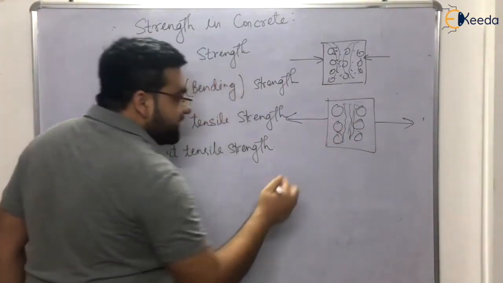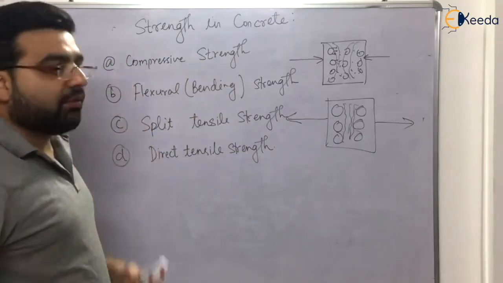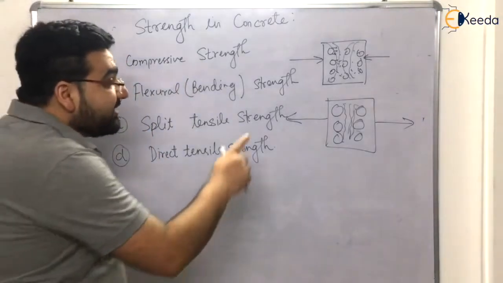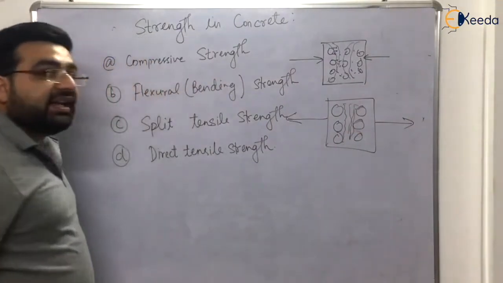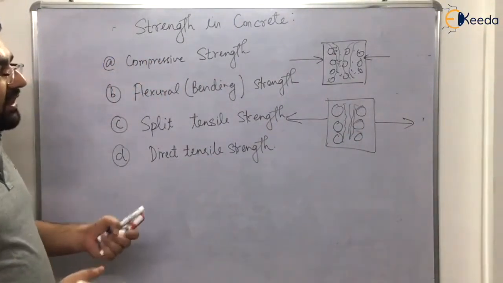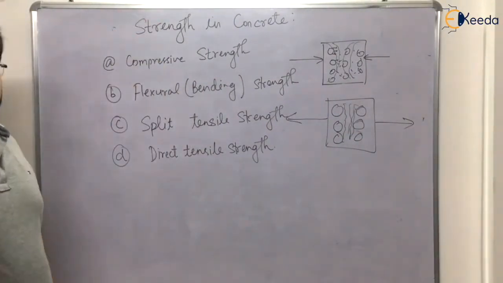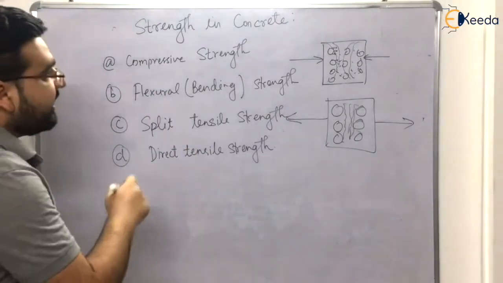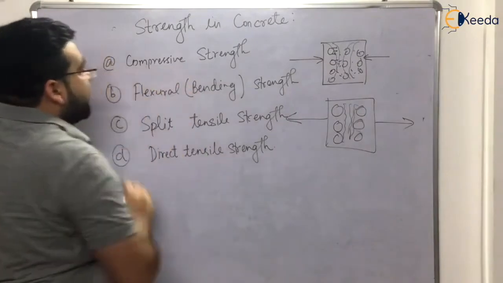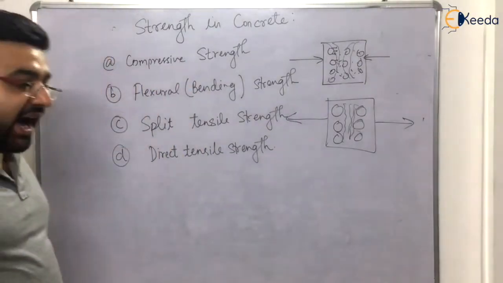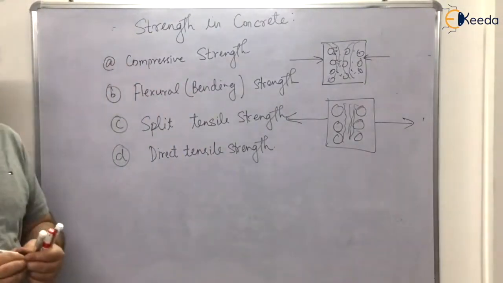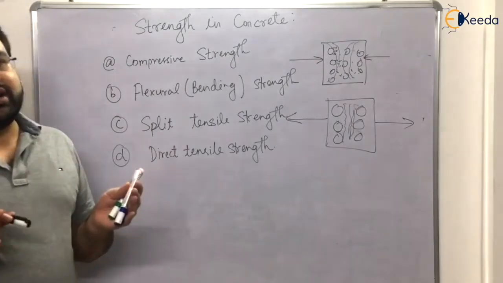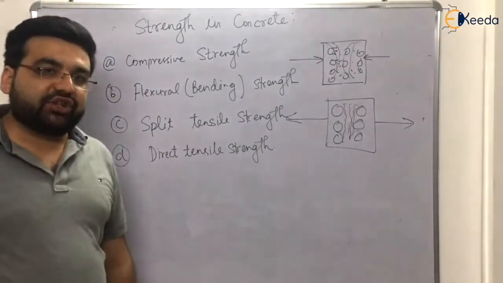These particles try to get detached from each other, right? And cement, which acts as a binding material, is not able to transfer the force equally to all the particles. So it will get detached easily, right? That is the reason why the compressive strength of concrete is higher than the tensile strength. We all know that concrete is very good in compression and very poor in tension, right?